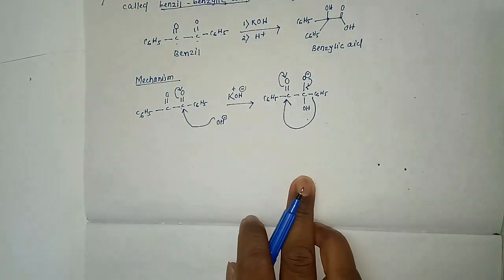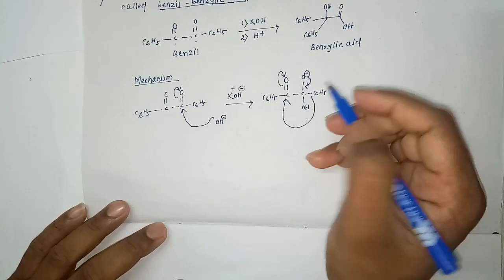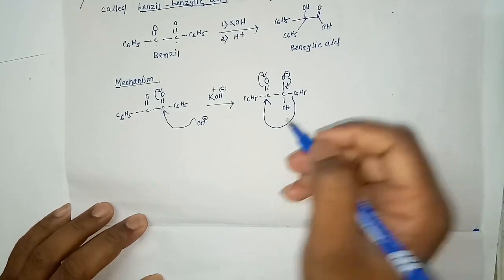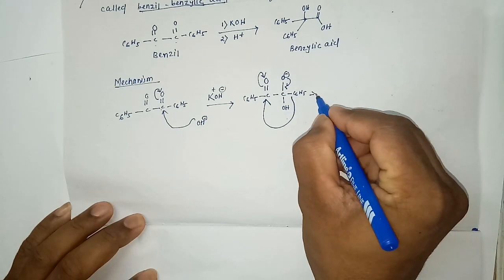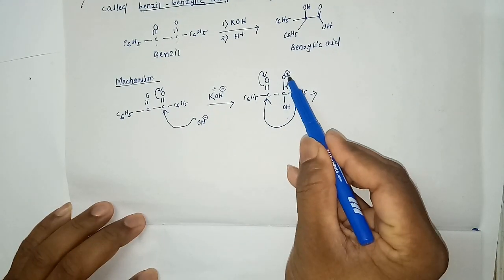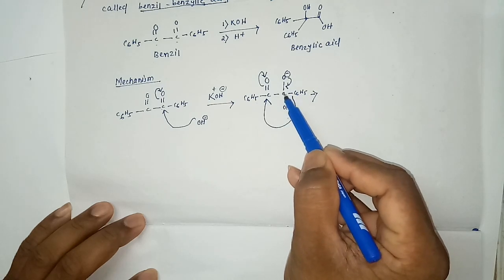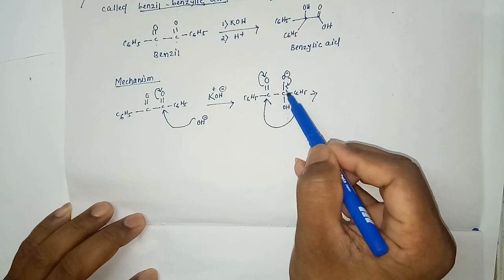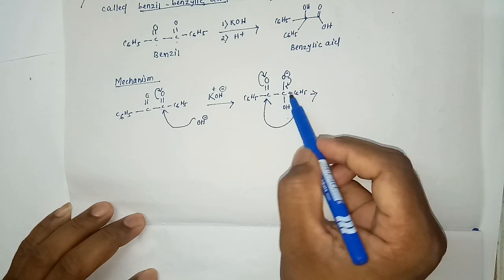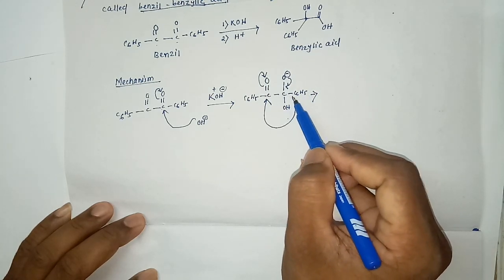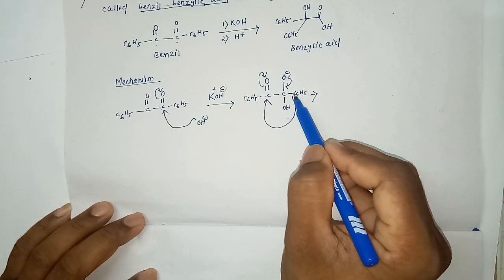Clear? Okay, next step. This negative charge comes down and shifts towards carbon, and this phenyl group, C6H5, migrates towards this carbon.